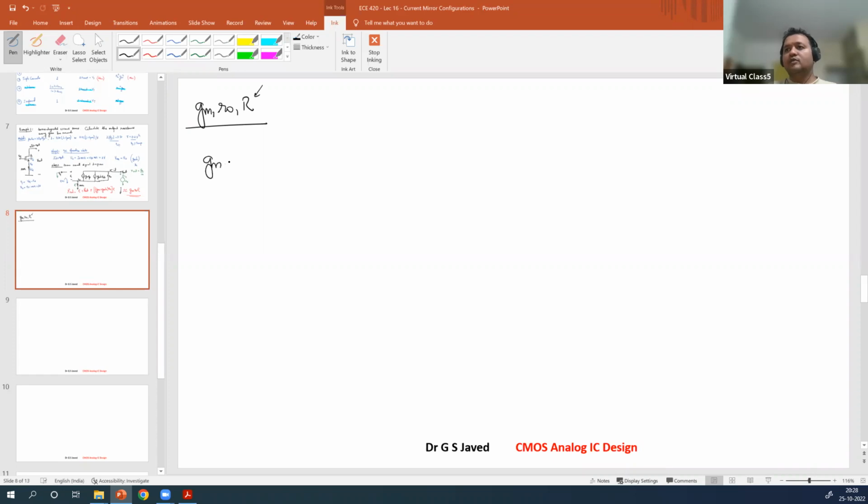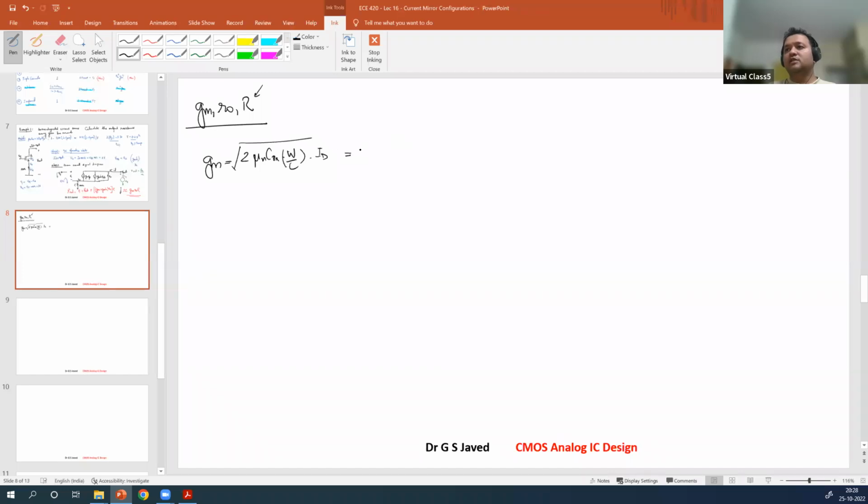GM, either you can do 2ID by VGS minus VT, or since we have been provided with a mu n Cox number, you will get the square root of 2 times mu n Cox times W over L times ID, all the known parameters.